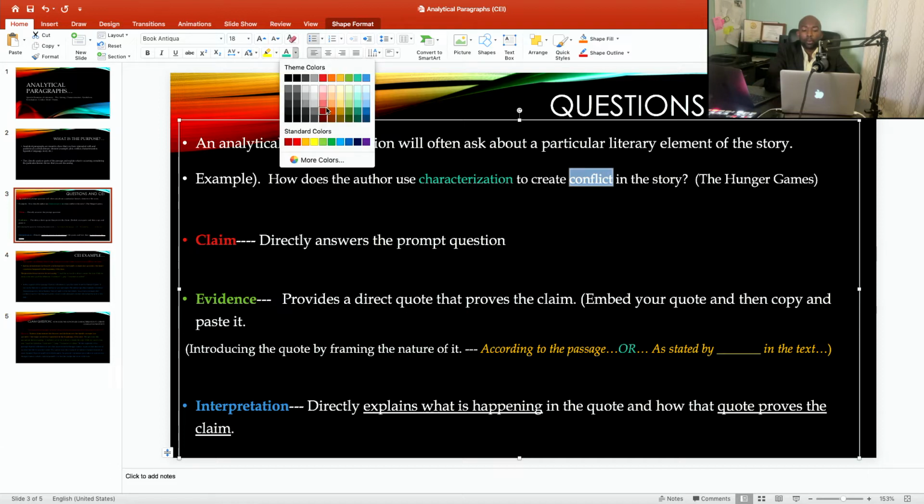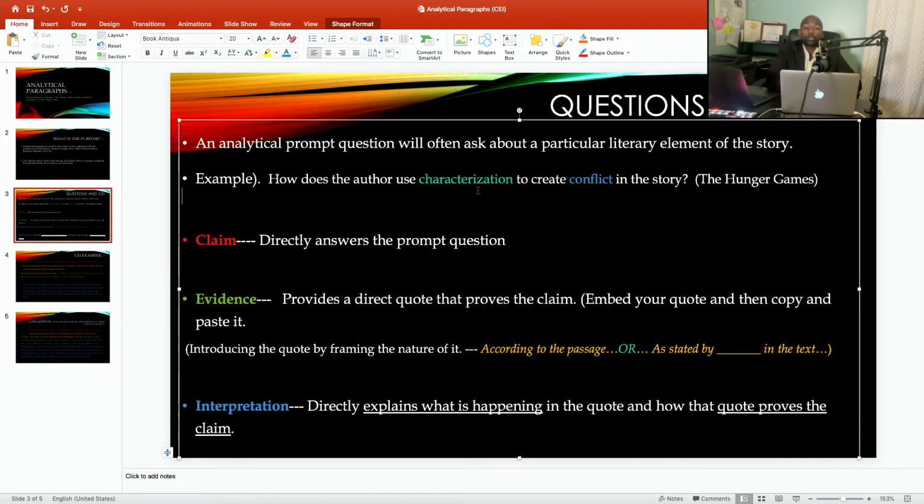That's another major literary element that does show up in every single story or short story. Okay, so how does one cause or create the other? They're asking, how does characterization create conflict?